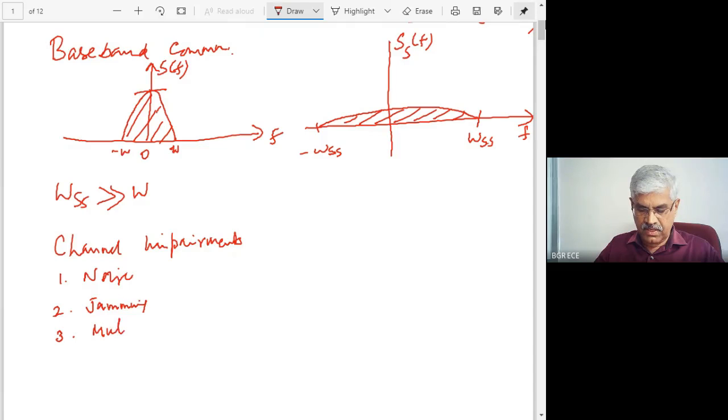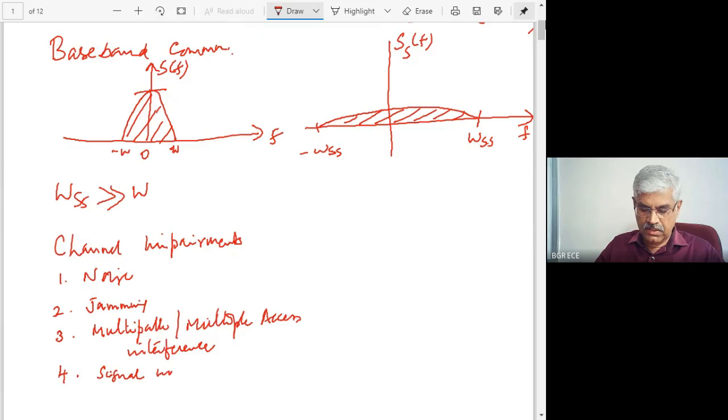Multipath interference. Multiple access interference. And then signal intercept, whatever it is. All these things could happen.